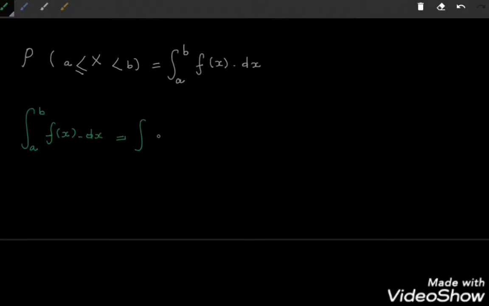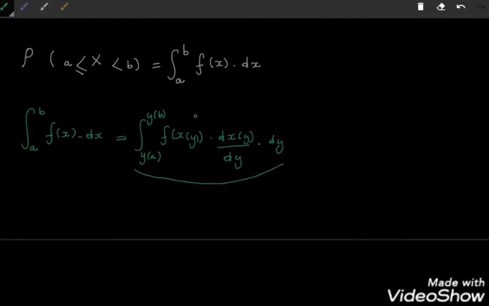I'm going to write here f of x of y multiplied by d of x of y divided by d of y multiplied by d of y. In here, in the limits, we have y of a and y of b. So I'm going to explain the meaning of this formula.